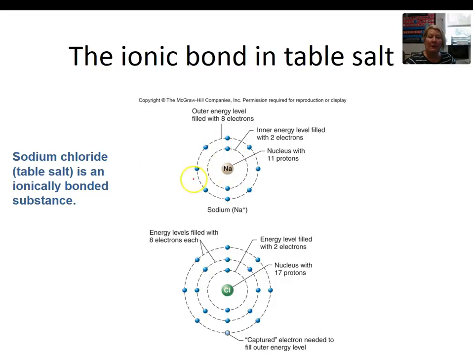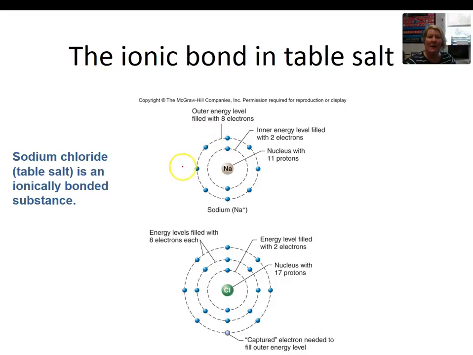Here is the sodium atom. Here is the chlorine atom. Initially, there are 11 protons, which it has to have if it's sodium. And we can see that the inner electron shell has 2 electrons, and the outer shell has 8.